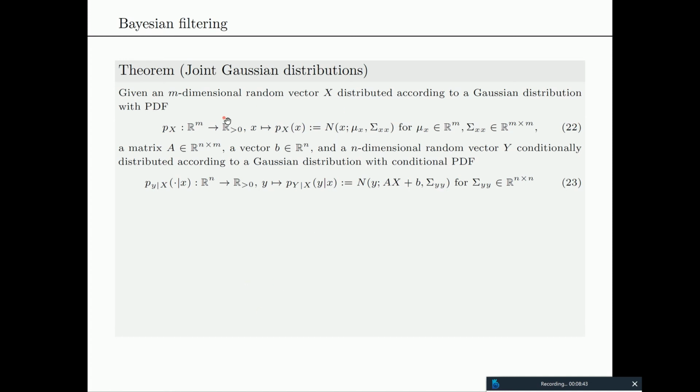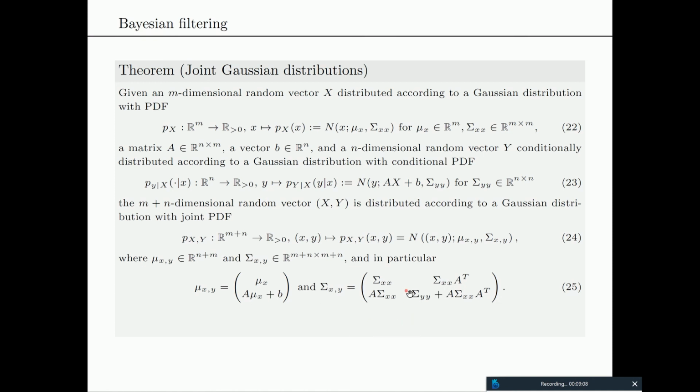So this here would be the marginal multivariate Gaussian distribution over a random variable x with expectation parameter μx and variance parameter Σxx. Here you have a conditional Gaussian distribution over y, with mean given by a linear affine transformation of x and its own covariance.